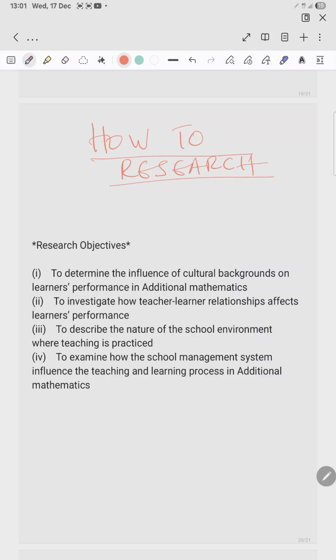It has come to my attention that a lot of students nowadays are using ChatGPT to write their assignments, their research, their proposals, and so on. When you write your research with ChatGPT or any AI tool, it can easily be seen that it has been written by an AI tool.